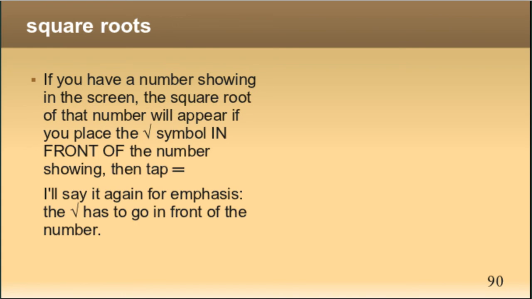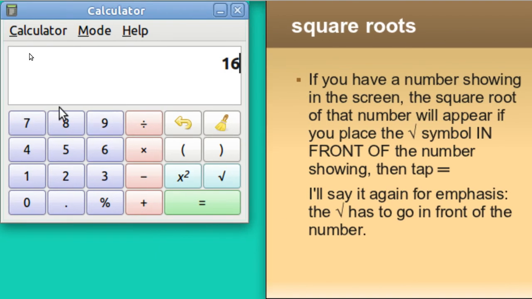If you have a number showing on the screen, the square root of that number will appear if you place the square root symbol in front of the number showing, then tap equals. I'll say it again for emphasis. You got to put that symbol in front of the number. Let me show you. It screws up otherwise. You see I got a 16 up there, and we want the square root of that, so whatever times whatever equals 16.